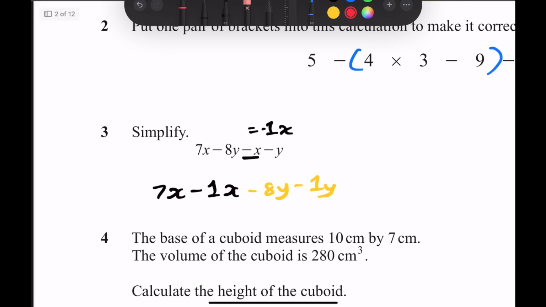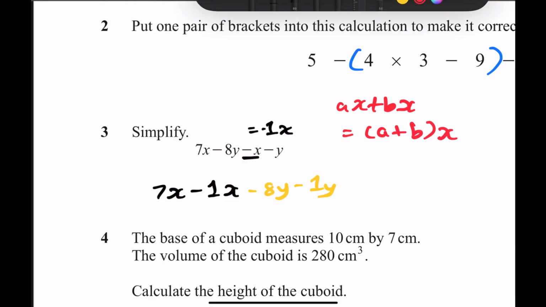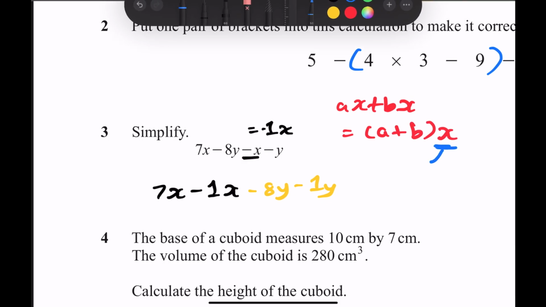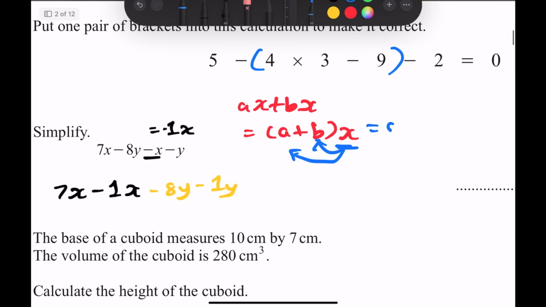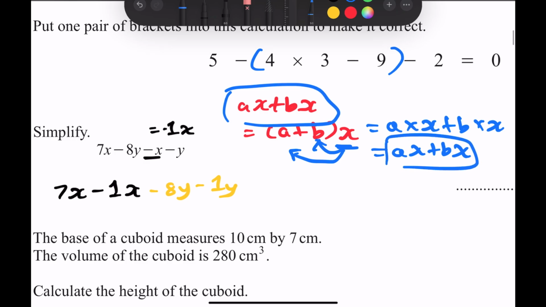If you have two terms which have the same variable, for example ax plus bx, this can be rewritten as a plus b grouped times x, because x will act independently on both a and b. So it will be a times x plus b times x, which produces ax plus bx, which is equal to the original value itself.